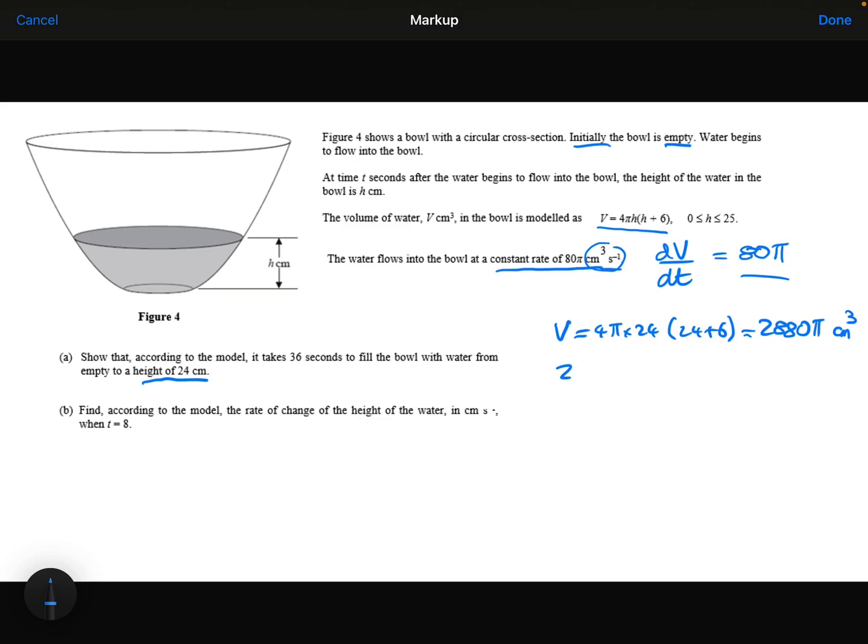So if I do the volume of the water divided by the flow rate to tell me how many seconds it's going to take, we get 36 seconds, as we expected to get.